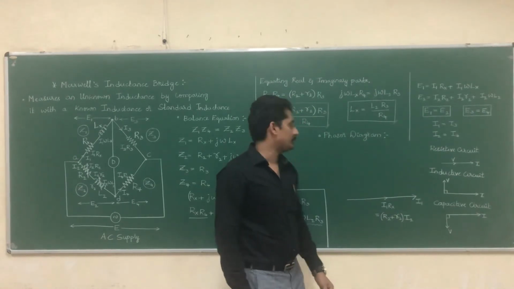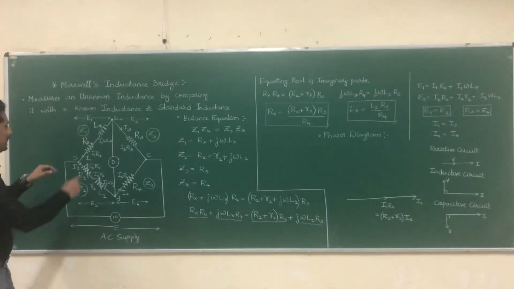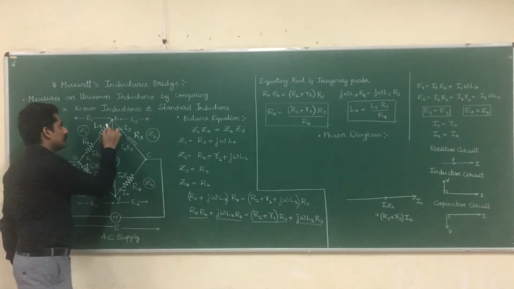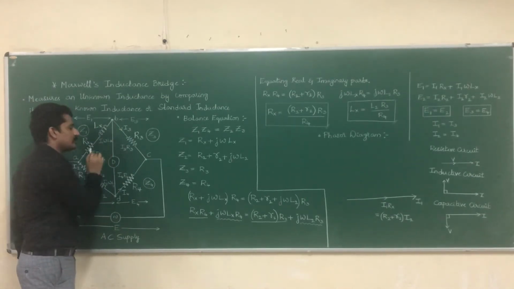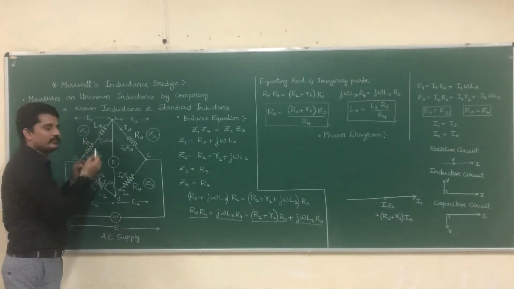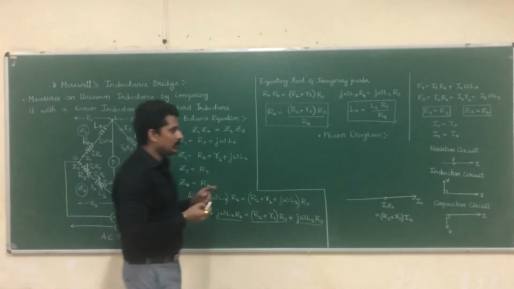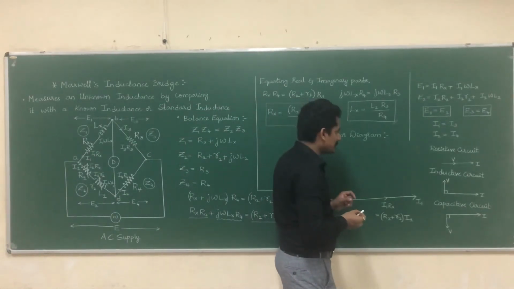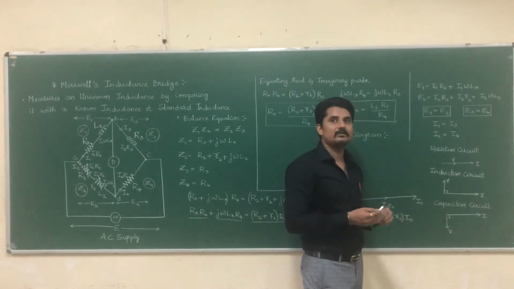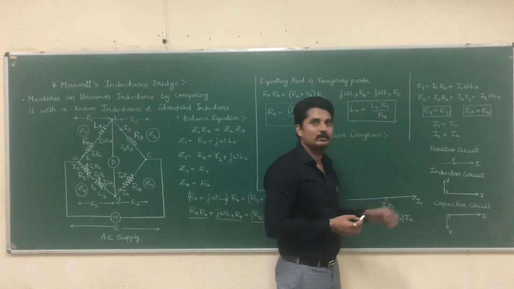Okay, and now next we have an inductive circuit here. The voltage drop here is I1 omega Lx. First we have completed this, next we are shifting to this. So I1 omega Lx should be perpendicular, that is 90 degree to the current, right?